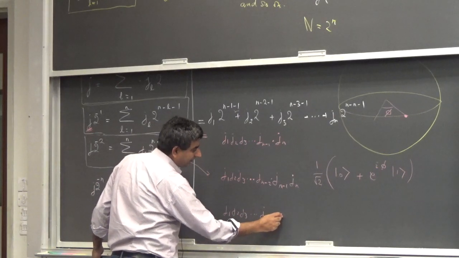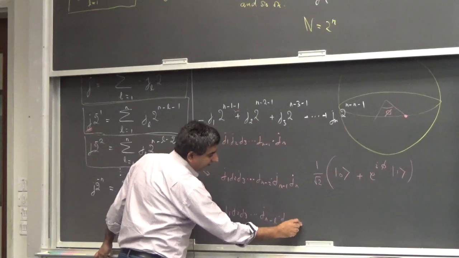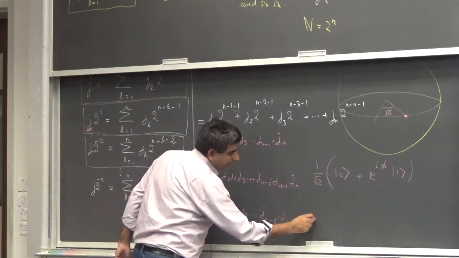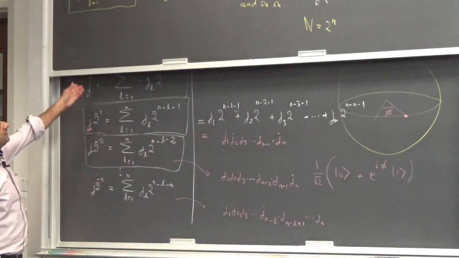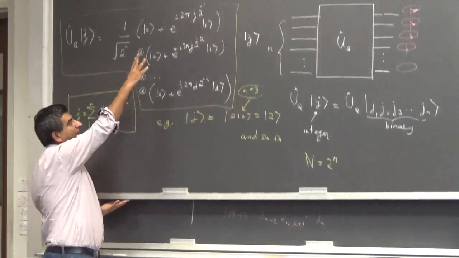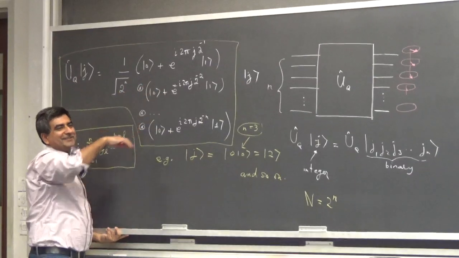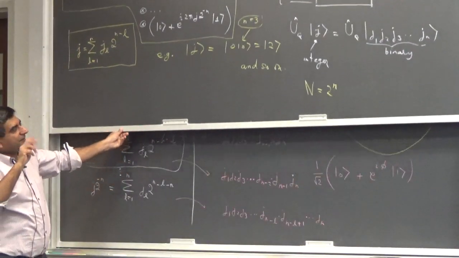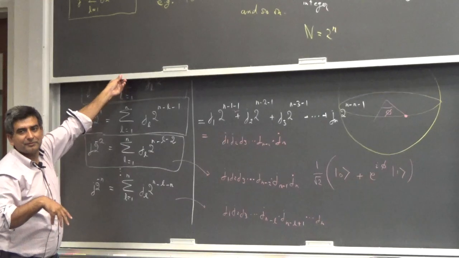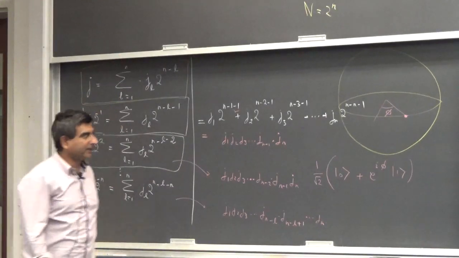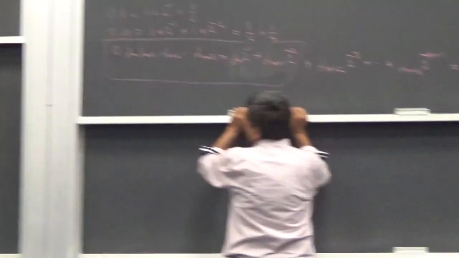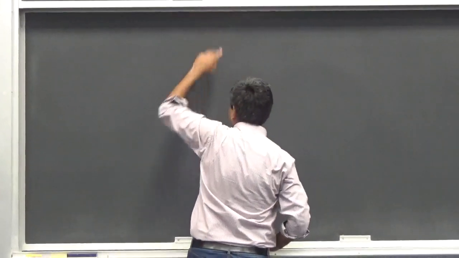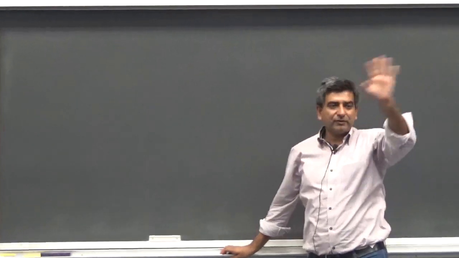Jn minus L, Jn minus L plus 1 up to Jn, and so on. So now let's write this sequence in its fractional form. Okay, now we know what the notation looks like. Let's write the sequence that we have at the top in its fractional form, and from that, try to motivate what kind of circuit we are getting. Are you getting all of this?